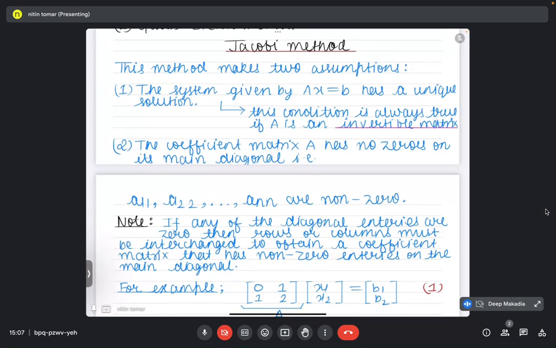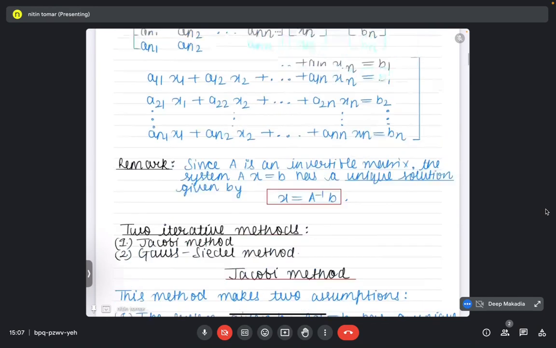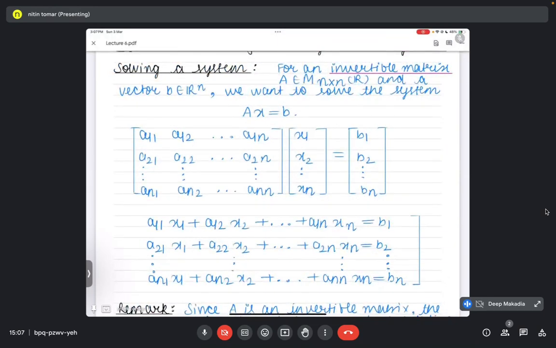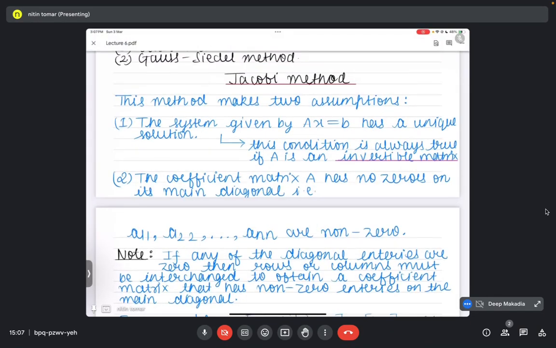That is, a11, a22, ann cannot be zero. In the matrix form of capital A, everything on the diagonal, each entry on the diagonal, should be non-zero. Let us stay focused on the hypothesis for a while, then we'll move forward.